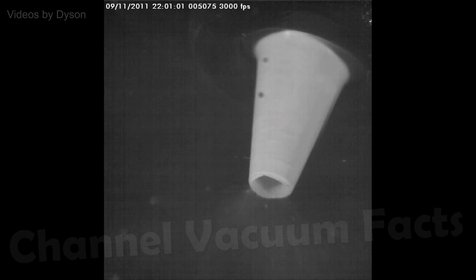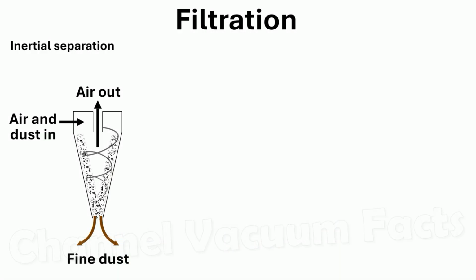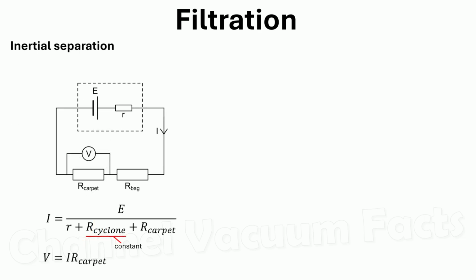This allowed the dirt to be inertially separated from the air by virtue of its higher mass, whilst the cleaner air then escapes from the top of the cone. This cyclonic technology ensured air resistance was independent of dust loading, ensuring no gradual suction loss, maintaining high airspeeds and dirt pickup performance during operation.